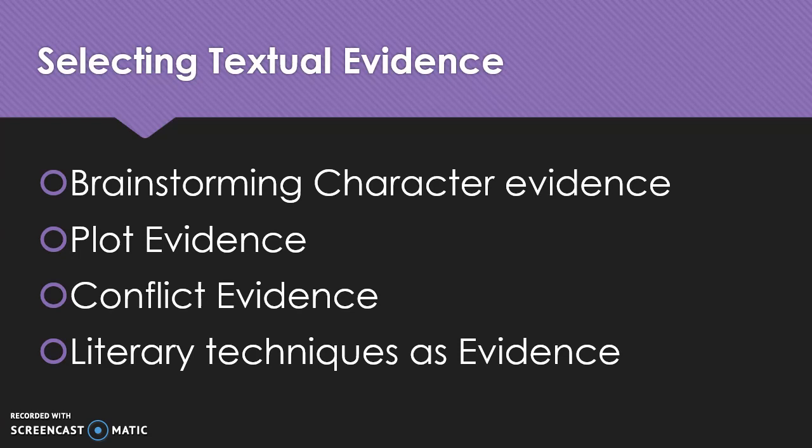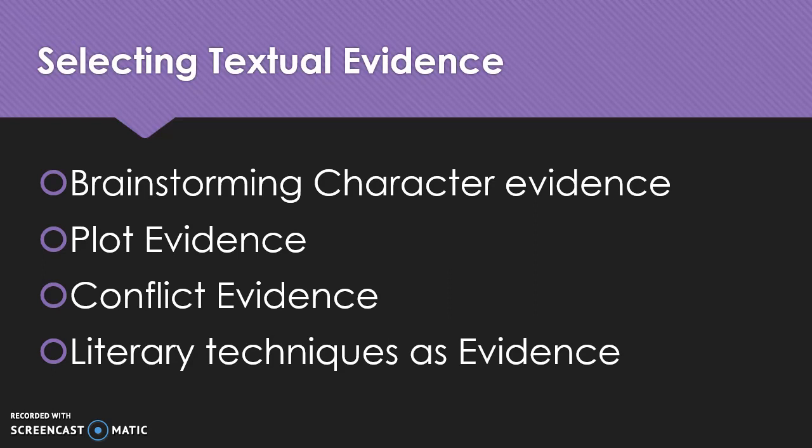Got it? Conflict, we know conflict are the issues that happen. It's the struggle. It's the struggle that the character has with itself, the struggle that the character has with outside sources, external forces. Internal is conflict within self. External is conflicts outside of self.